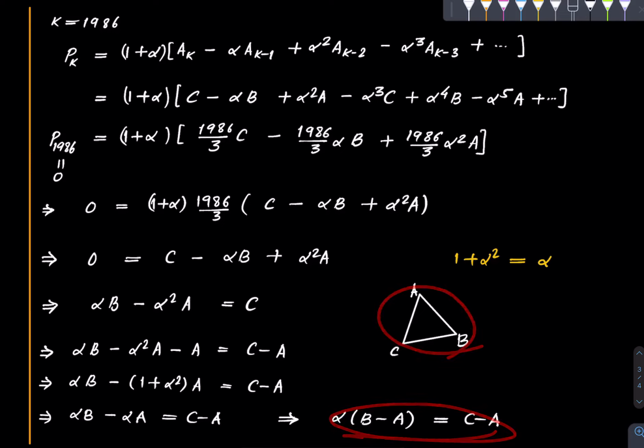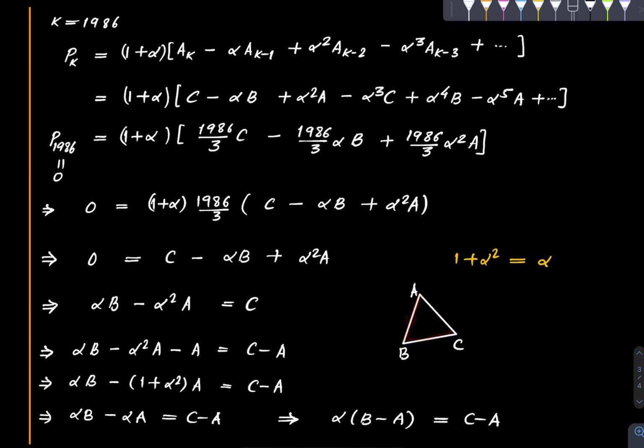Maybe this figure is a little bit wrong, because b minus a is that vector. If I rotate this by 60 degrees, then it's a little bit of a problem. If I take this, then also it's a problem. Alpha times b minus a. B minus a is this guy.